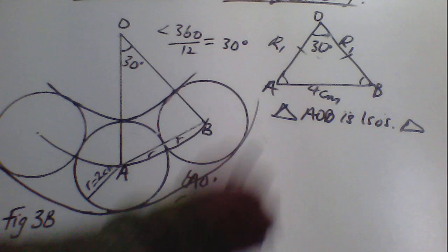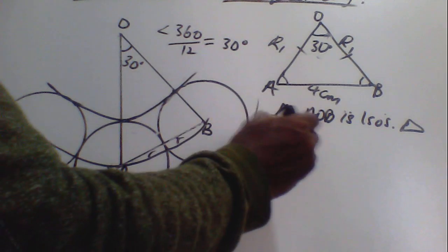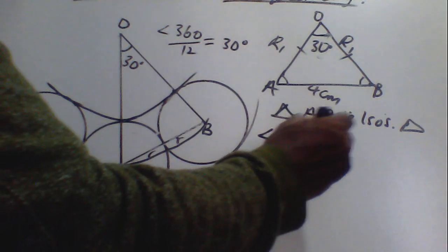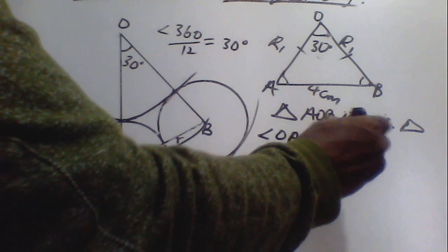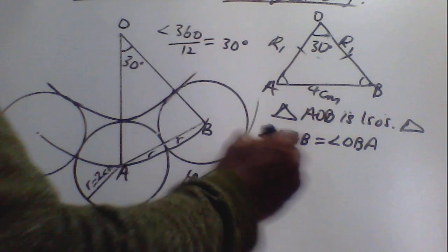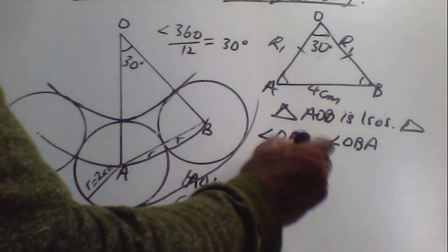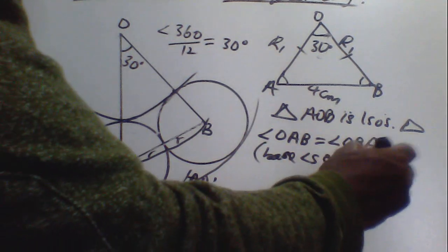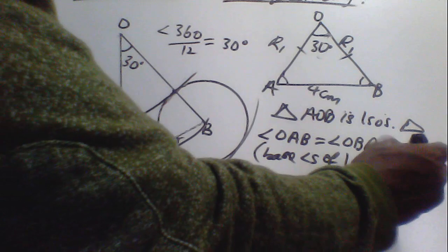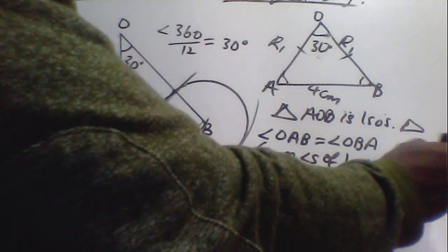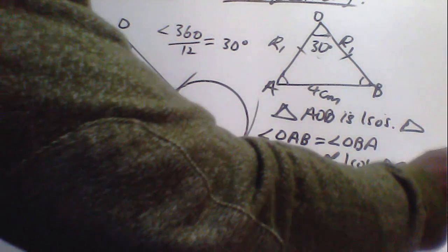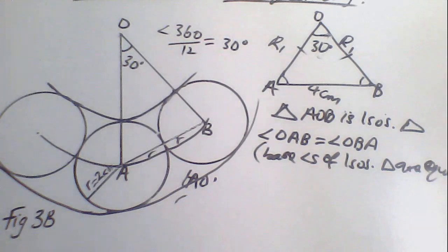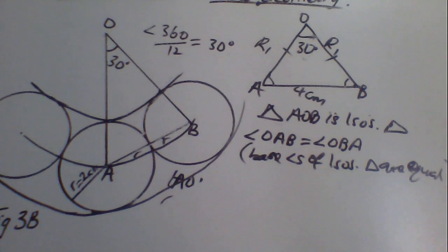One of them that we need here is that angle OAB is equal to angle OBA. The reason for that is that base angles of an isosceles triangle are equal.